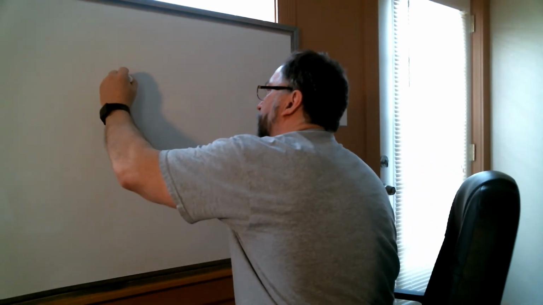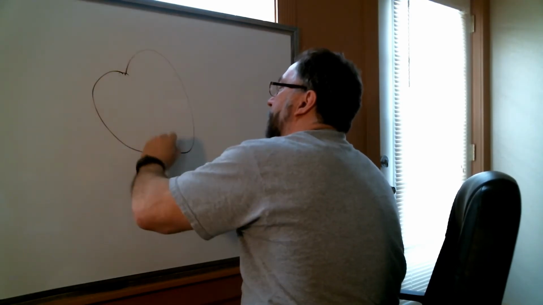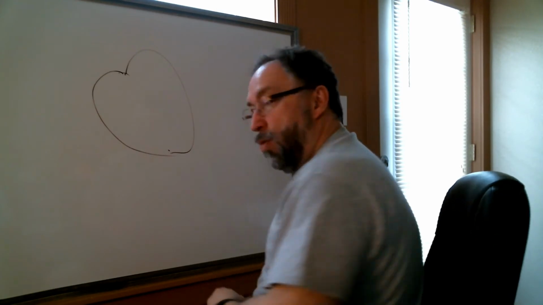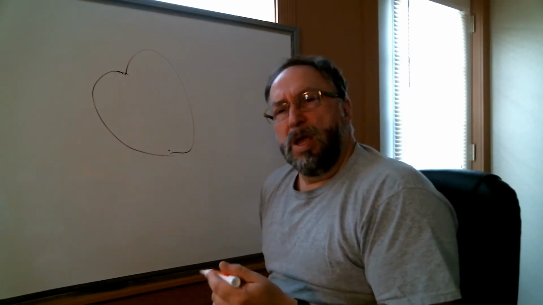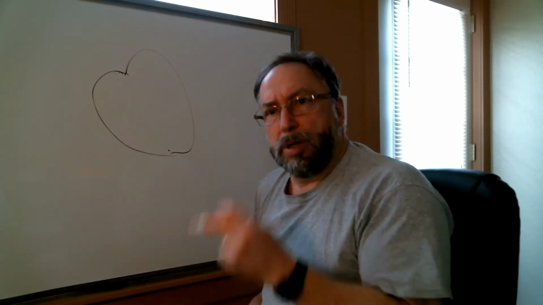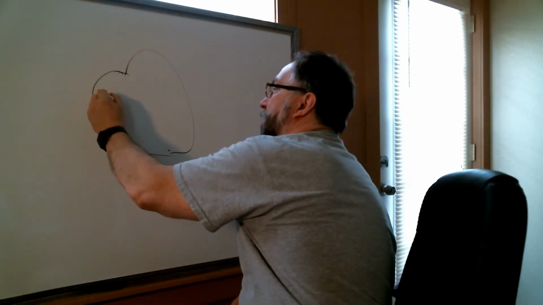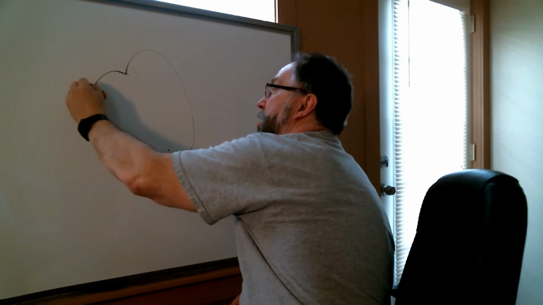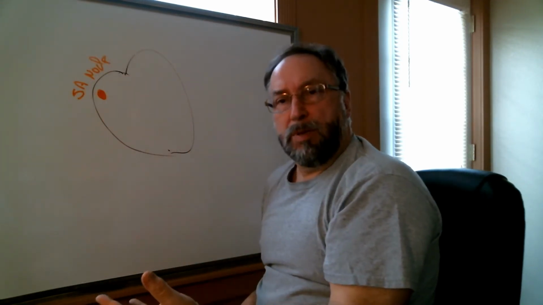Real quick, I'm going to talk about the conduction system, just so you can have a little bit of an idea what I'm talking about when I tell you that your heart's conduction system is being affected, like you're going atrial fib or something like that. So you come up here, you got the sinoatrial node, SA node. That should be the guy where all heartbeats originate, right?